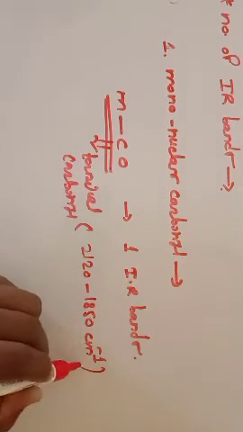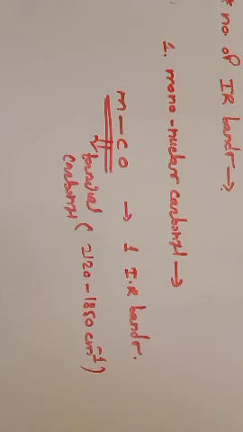This is the carbonyl stretching frequency, so we get the IR bands in this region for terminal carbonyl complexes. So the mononuclear complex has a single possible carbonyl stretching band in the IR spectrum, because the carbonyl attached is a terminal carbonyl, and we get only one IR band.